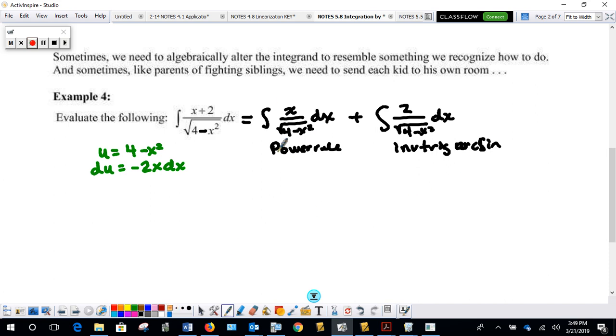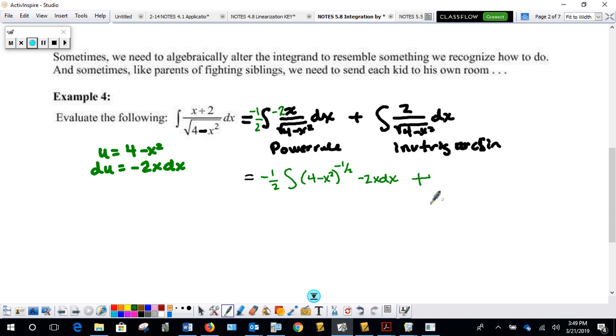And so here with the power rule, I am going to do this substitution, which I already wrote down, so I'll bring it over here. We are missing a 2, actually a negative 2, so I'm going to add that in, and I'm going to add a corrector. For this portion, we're going to have negative 1/2 antiderivative of 4 minus x squared to the negative 1/2 because it's power rule, and then we have the negative 2x dx there.